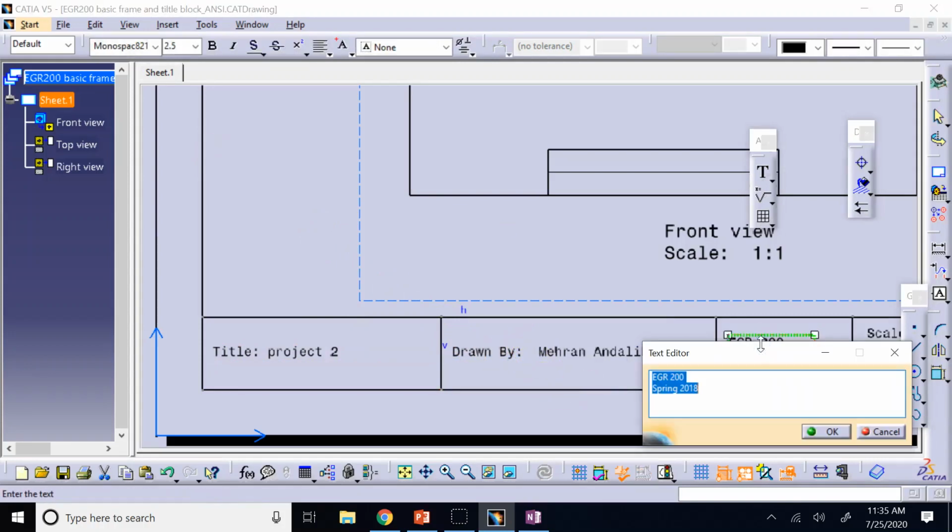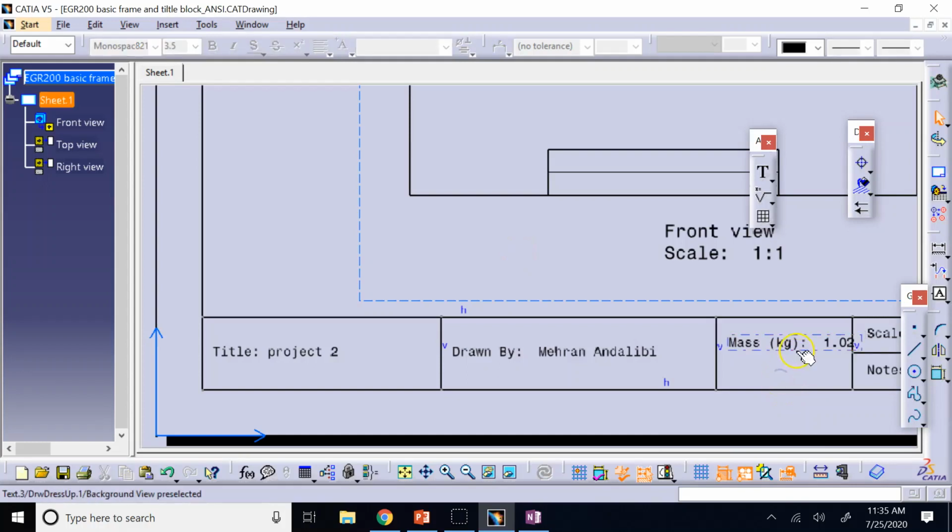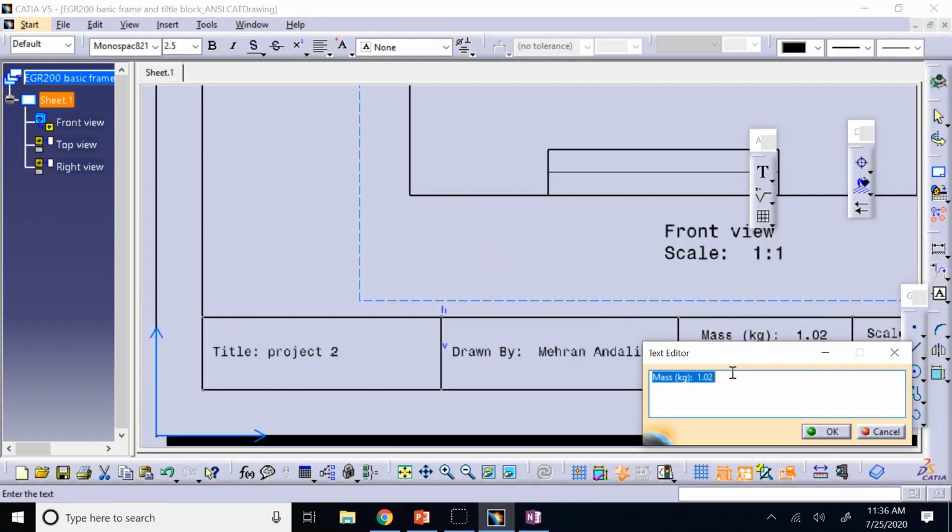And then here, if you don't want this, you make it what? Mass in kilogram. Say it is 1.02. Right? As I said, you can feel free to modify it to any way that you want. And then you can add one more. And here you say material is steel, right?